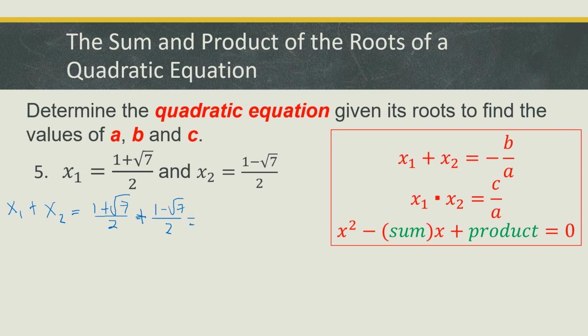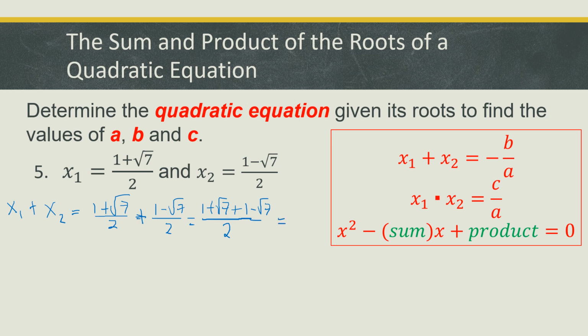Since it is a fraction, get their LCD, which is 2. So 2 divided by 2 is 1 times 1 plus the square root of 7 is still 1 plus the square root of 7. Then add 2 divided by 2 is 1 times 1 minus the square root of 7 is still 1 minus the square root of 7.